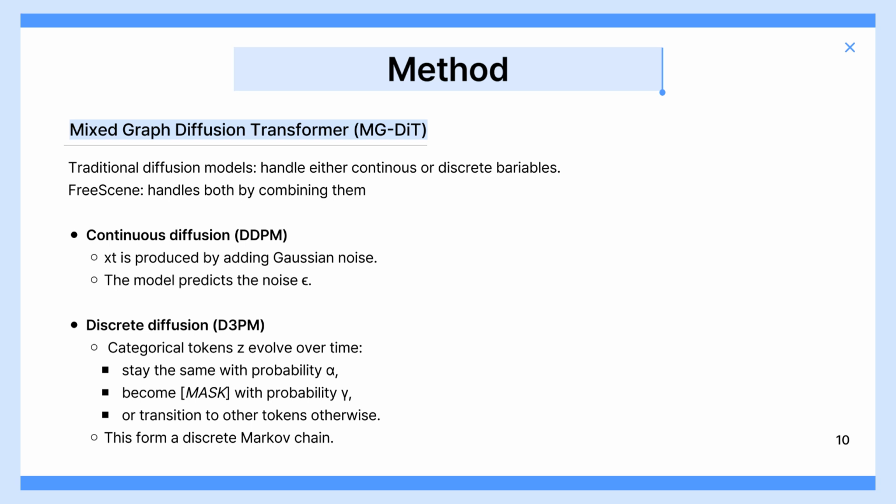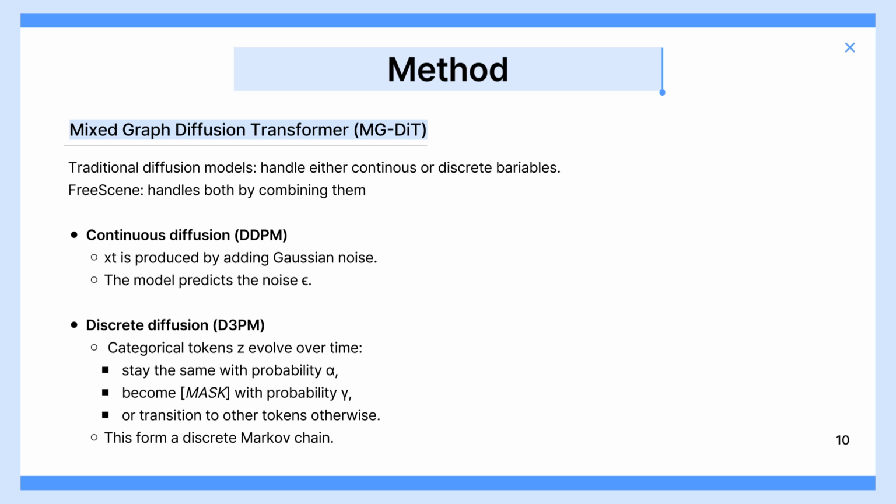This model performs mixed diffusion, meaning it handles both continuous values and discrete values at the same time. This is essential because 3D scenes involve both numerical geometry and categorical information. Traditional diffusion models typically handle only one type of variable, either continuous or discrete. FreeScene combines the two. The continuous part follows the standard DDPM process. Noise is gradually added, and the model learns to predict that noise. The discrete part follows a D3PM process.